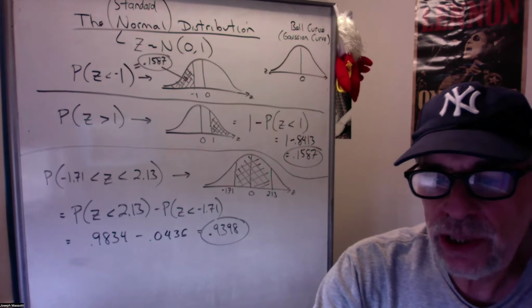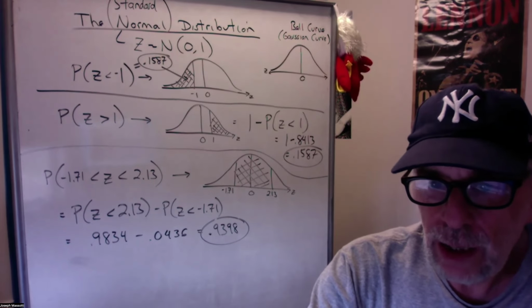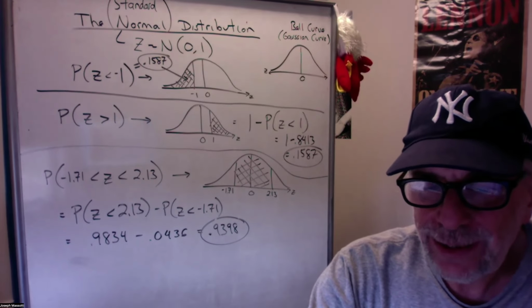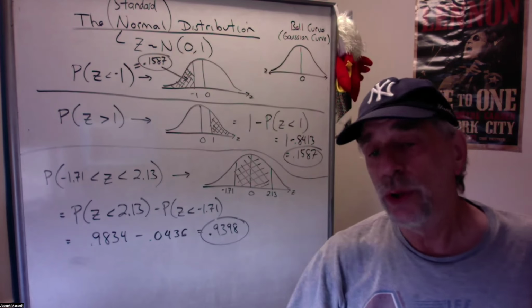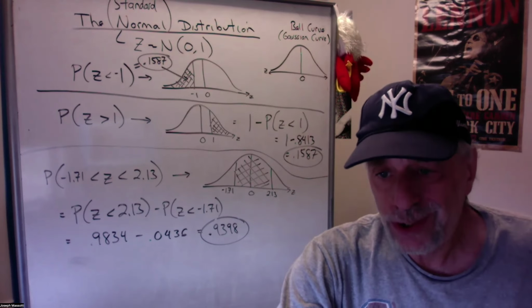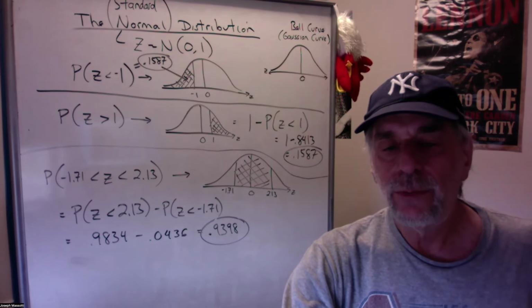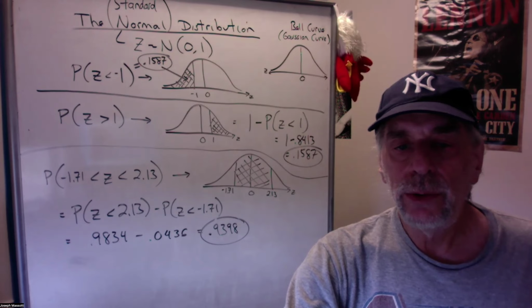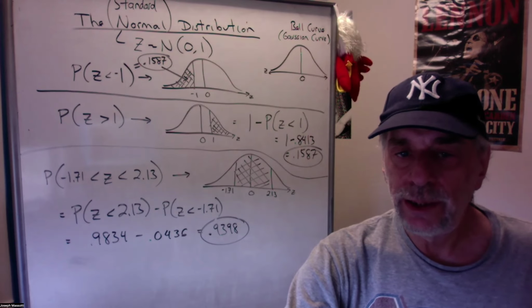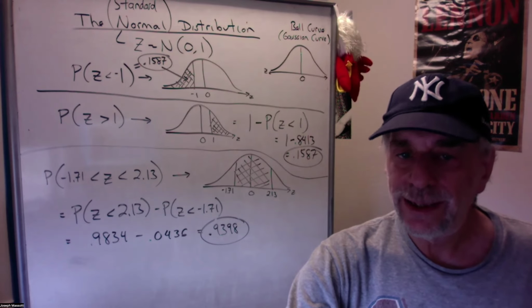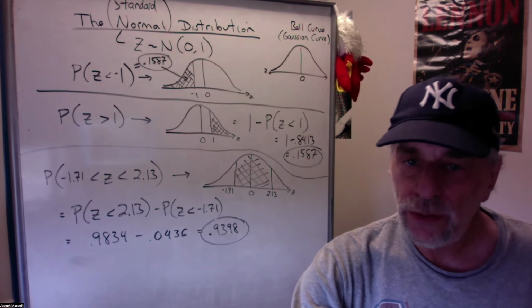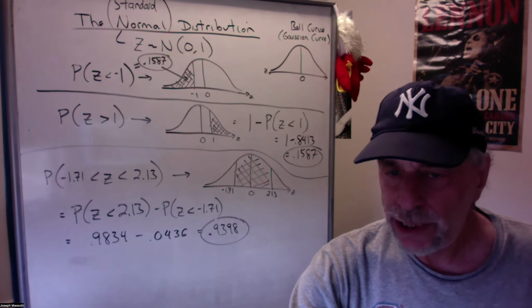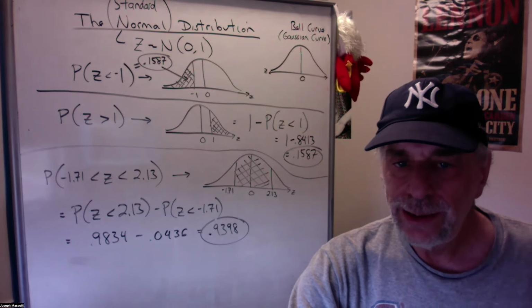Now what I want you to notice here also is, that's the same answer we got for less than negative 1. Well, think about symmetry, right? We know the curve is symmetric, so of course that's going to be true. If we're looking at the value less than negative 1 on this curve, that's the same area as greater than positive 1, because the curve is symmetric, meaning it's the same shape to the right of the mean that it is to the left.